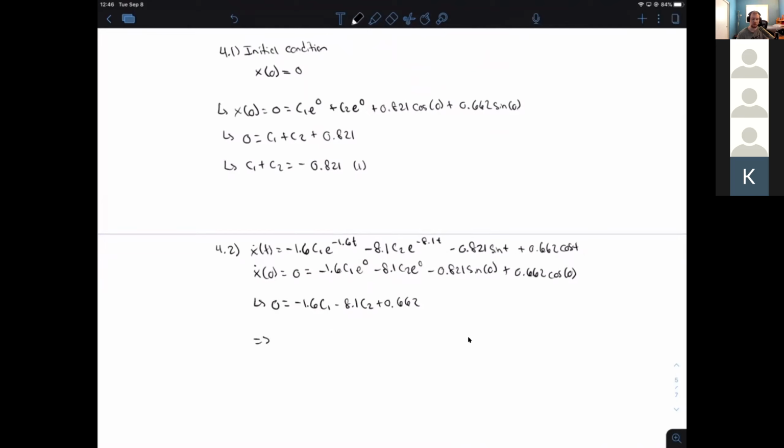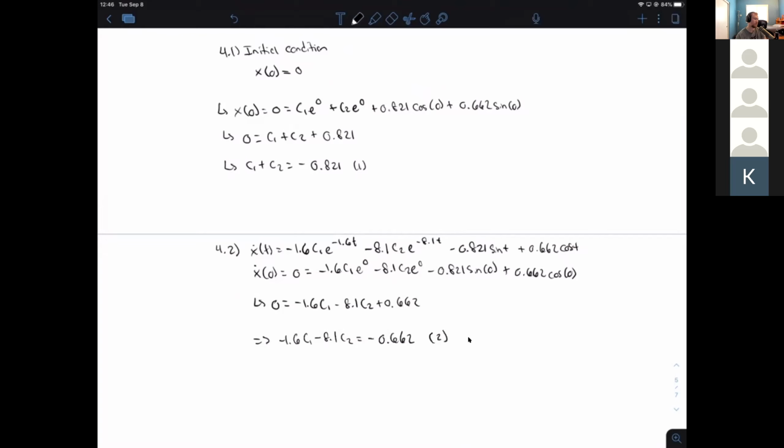And then let's rewrite this. We have C1 and C2 on the left-hand side. So I'll do minus 1.6 C1 minus 8.1 C2. So I'm really moving 0.662 to the left-hand side. Kind of think of it like that. So that's going to be equal to negative 0.662. And I'll call this equation 2.